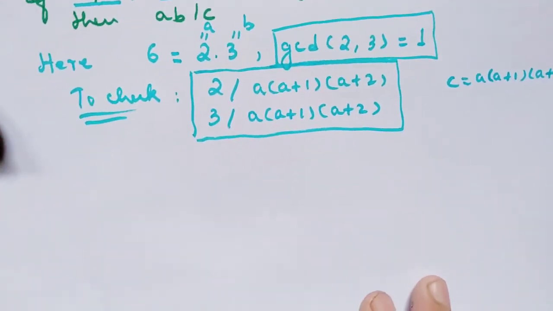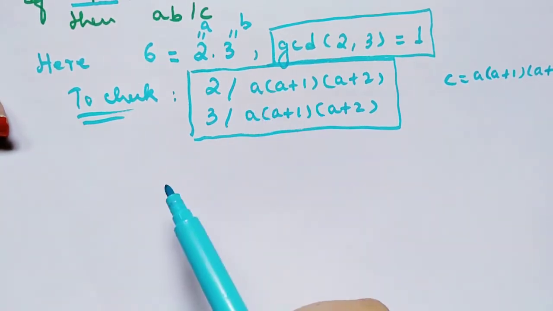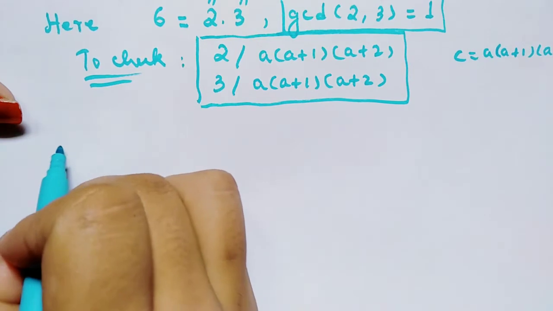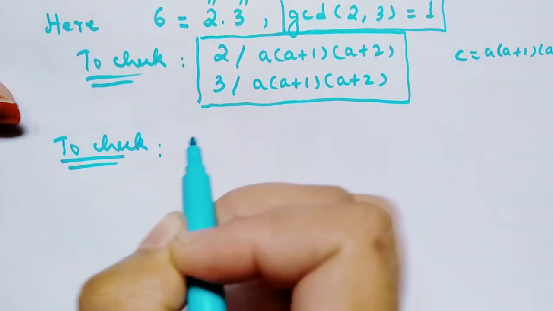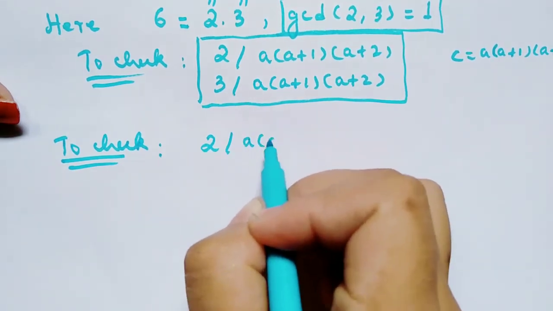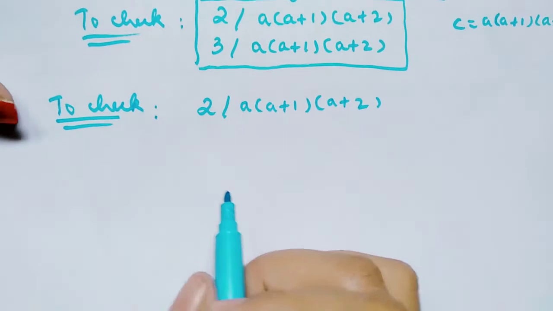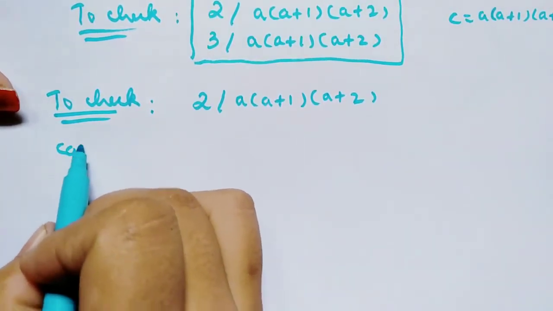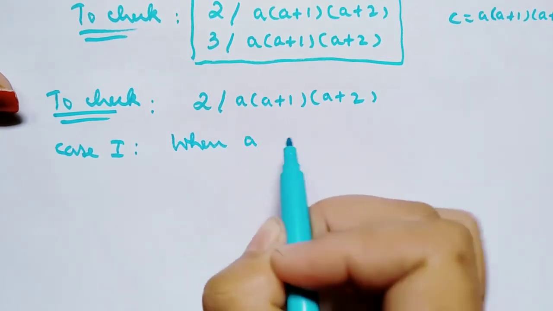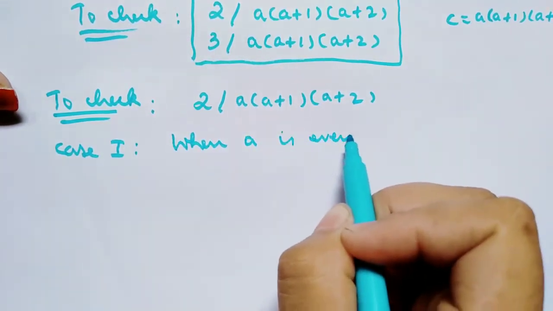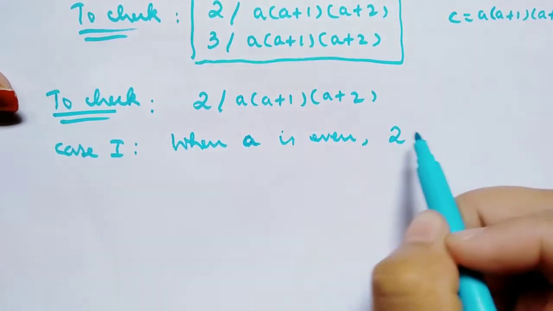Let's check that 2 divides the product of three consecutive integers. To check the first part, 2 divides a into a plus 1 into a plus 2. Here we have two cases. Case 1, when a is even, then 2 divides a.